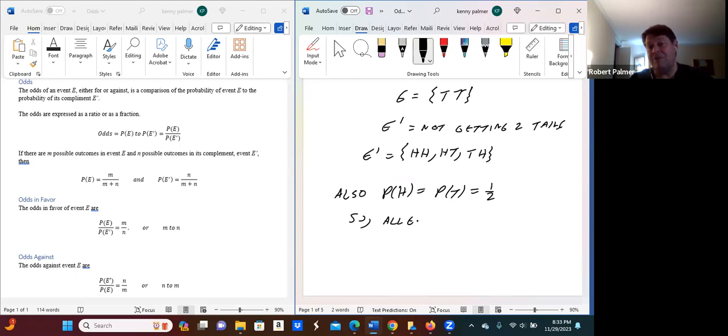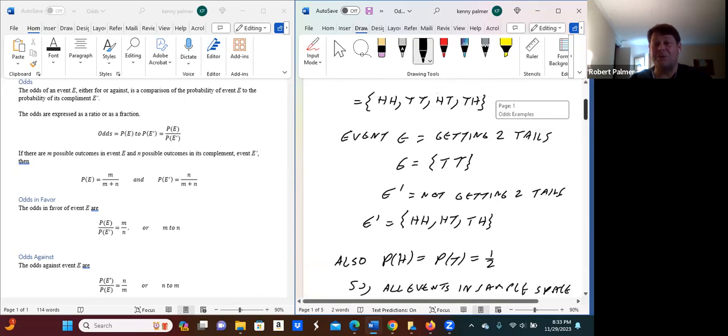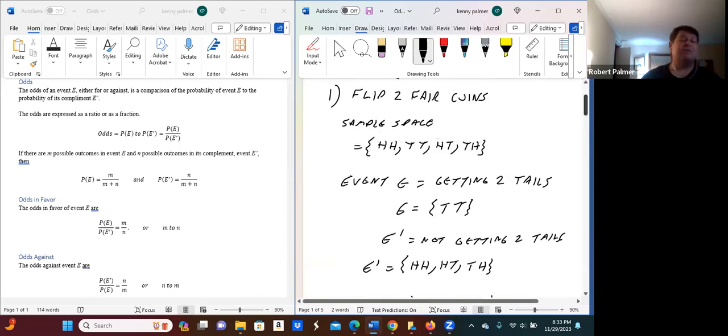Because of that, all events in the sample space are equally likely because it's a fair coin. If it wasn't a fair coin, then, for example, the probability of getting two heads could be different than the probability of getting two tails.